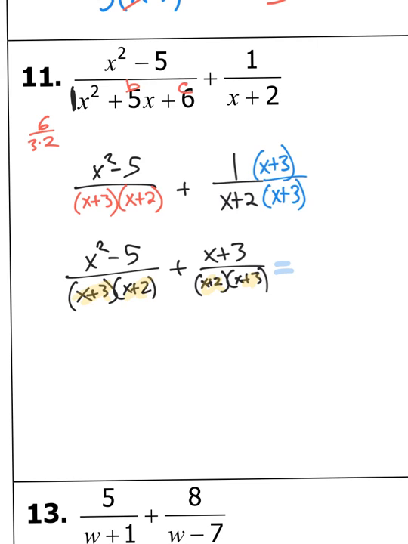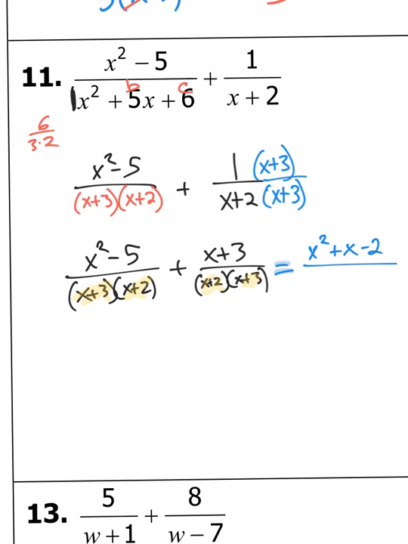If I'm adding the like terms, there's no x squared in the second fraction, so I'm just left with x squared. The negative 5 and the positive 3 would give me a negative 2. So all I have done is add the like terms up top there. Let me clean it up so it's a little easier to see.